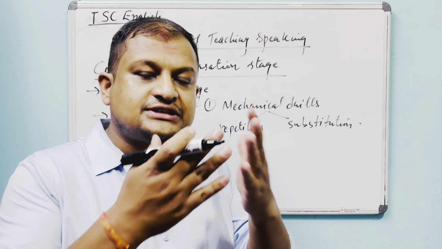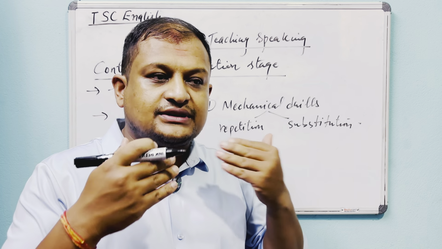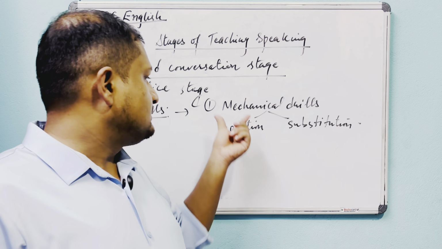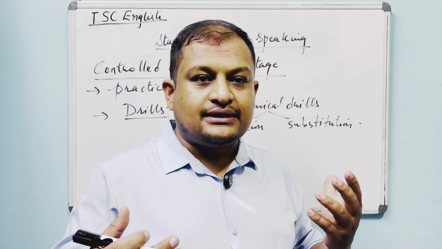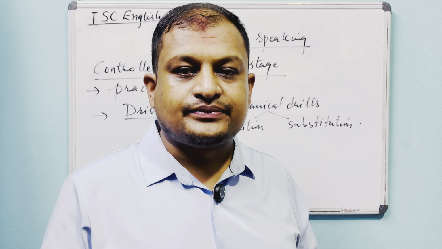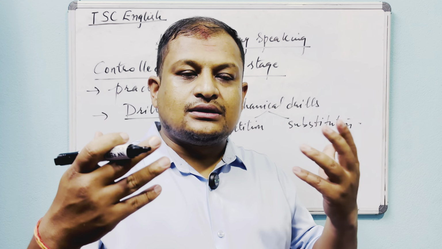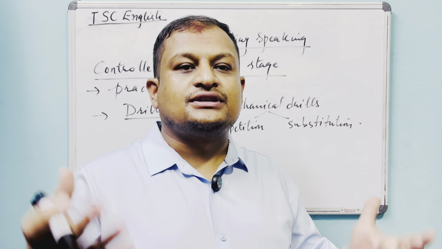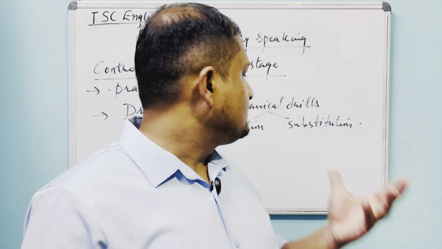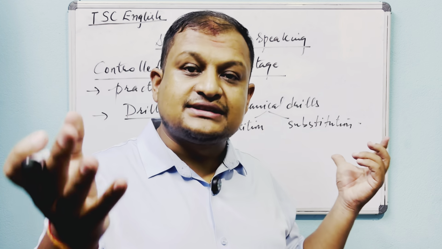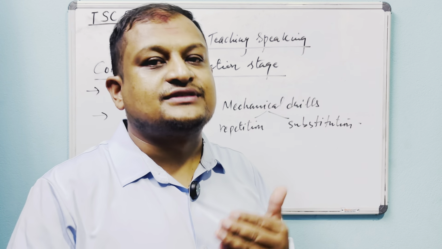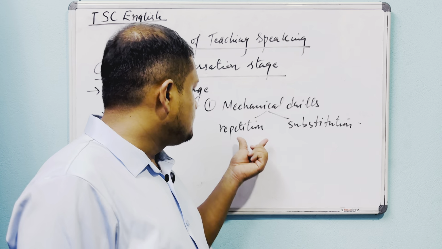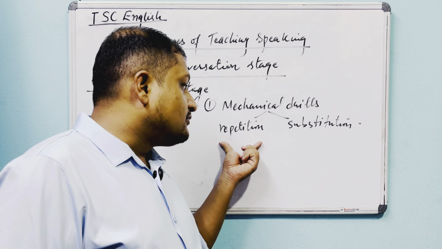The teacher will give a statement, a sentence, and students will try to repeat the same. Like, I am right now teaching in your classroom, and the students will say, you are right now teaching in our classroom. That is how they are expected to repeat the same sentence, so that it will be easy for them to generate similar sentences later. That is what we call repetition drill.